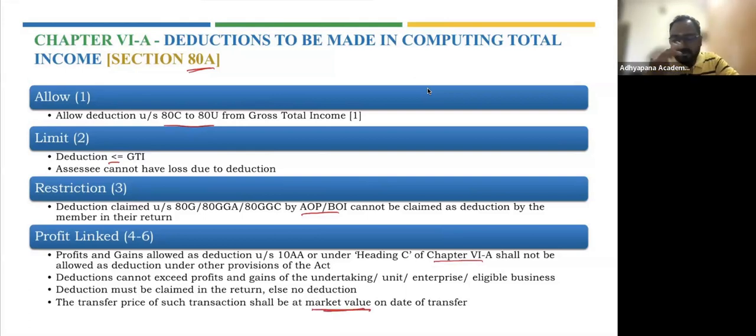To simply explain, there is entity A and there is entity B. B is a tax holiday unit where they're saying that it's a 100% tax deduction, which means whatever profit B makes, there is no tax involved. Now, A is also of the same group, with the same parent entity. When there is a transaction between A and B, what do you think will be the objective?